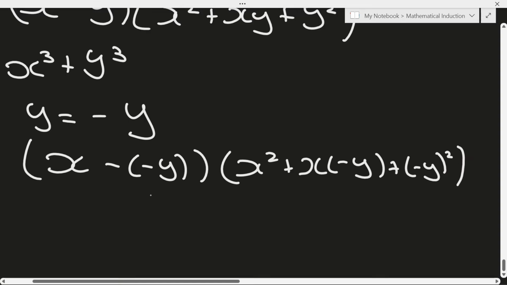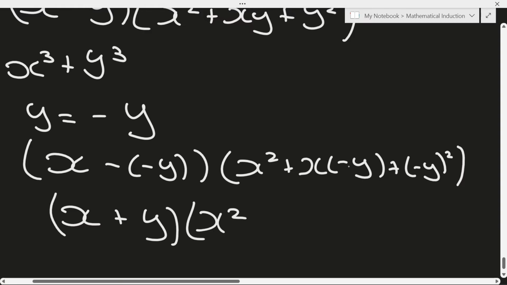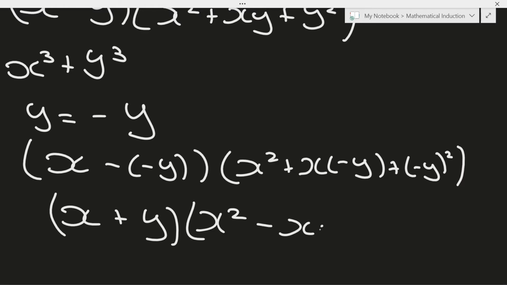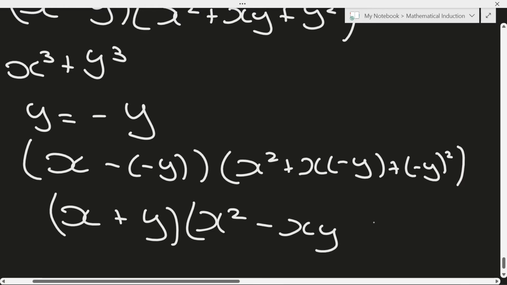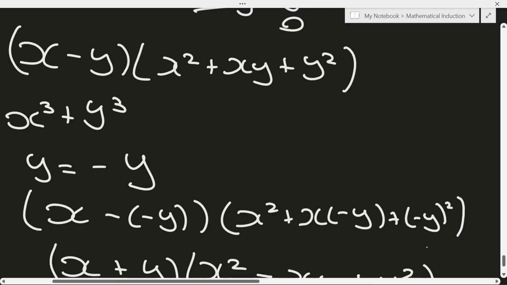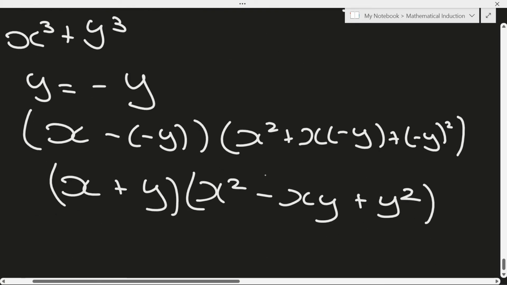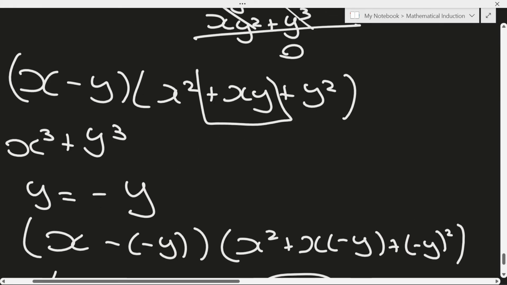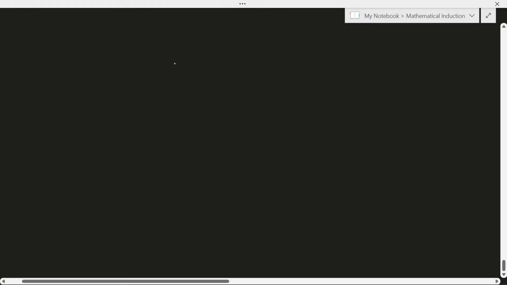This is equal to x plus y times x squared, and x times minus y is minus xy, and that's plus y squared, right? So that's really the only difference. It's just the sign of this thing right here. So I hope this is making sense to you right now.